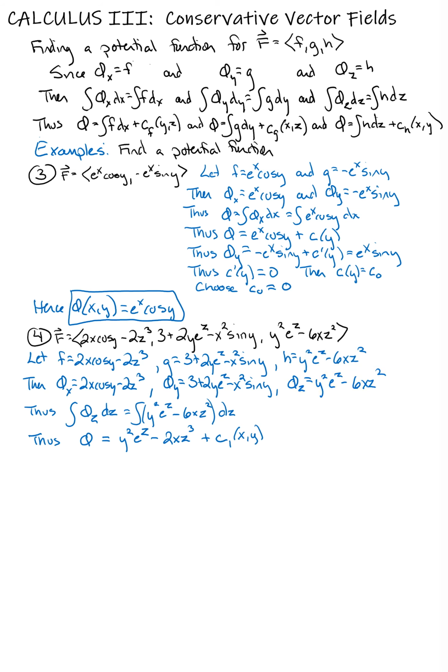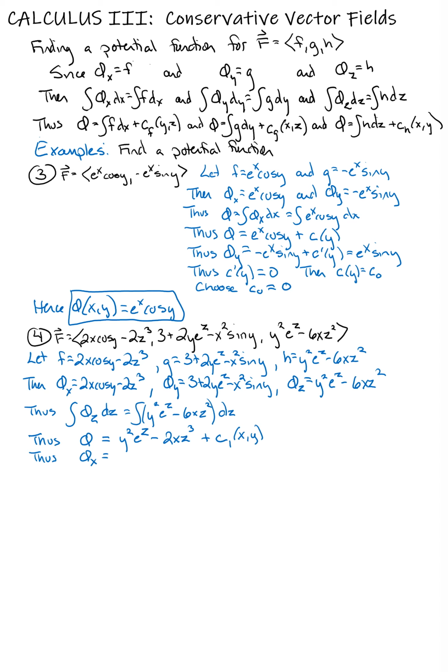Now let's use the fact that the first partial with respect to x is equal to f. That means if I take the first partial of this with respect to x, notice this first term has no x's.